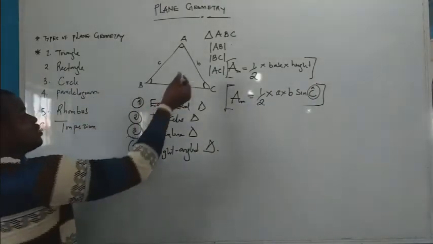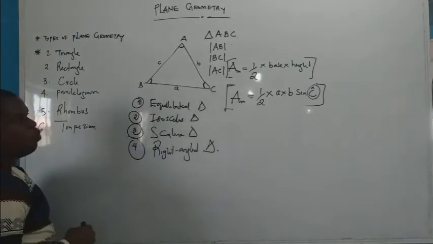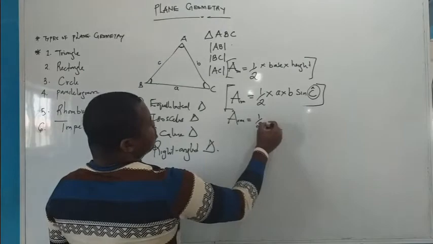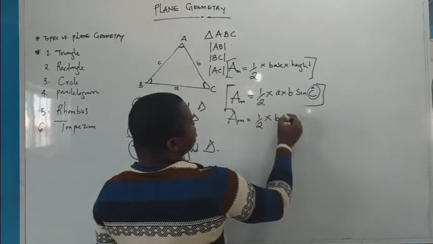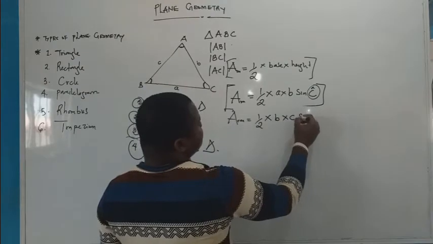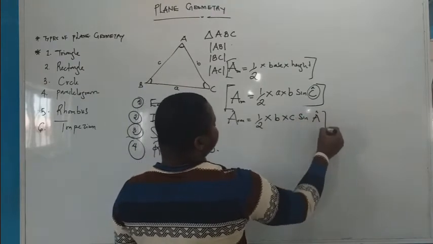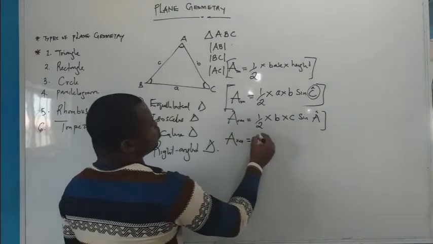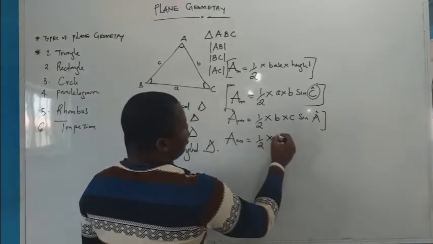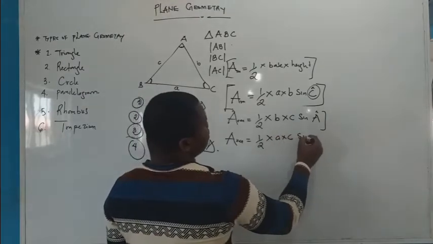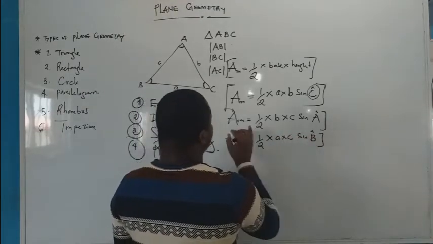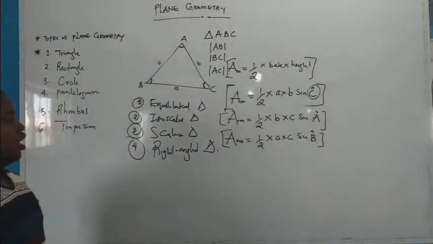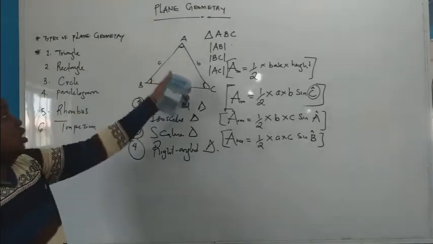So this represents the angle C. What if we have area is equal to half b times c sine A, and we have area is equal to half a times c sine B? So when are we to apply these formulas? Is that clear? I believe you understood this aspect.